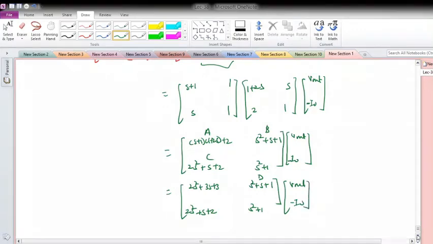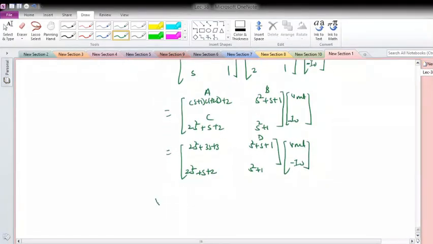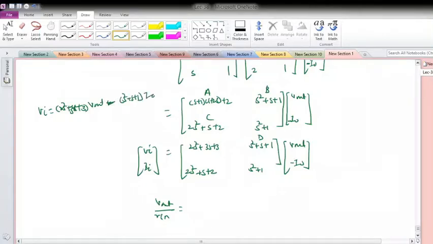Now simply, if you want to write V out upon V in, consider VI and II. VI can be written as 2s square plus 3s plus 3 into V out plus or minus s square plus s plus 1 into I out.